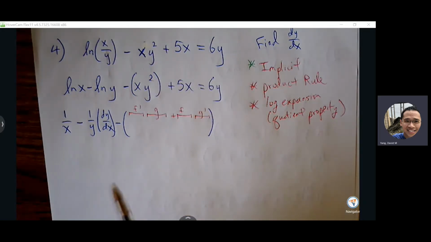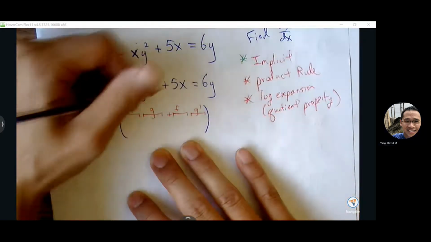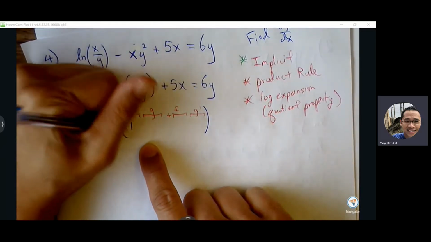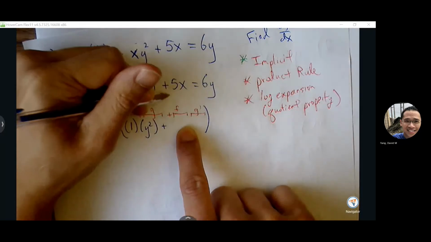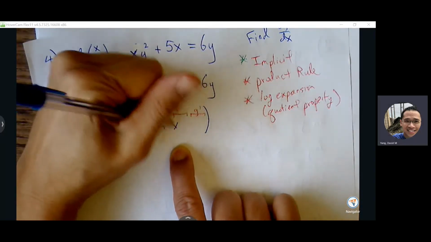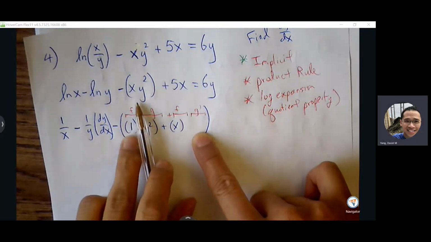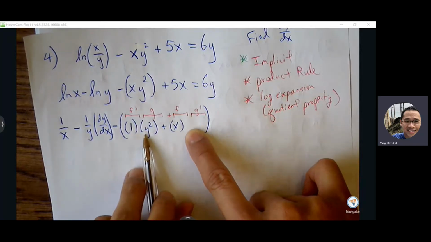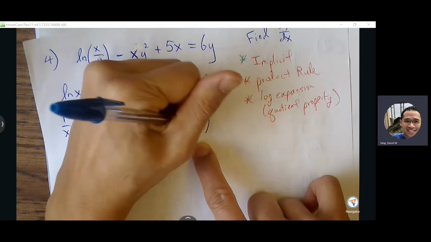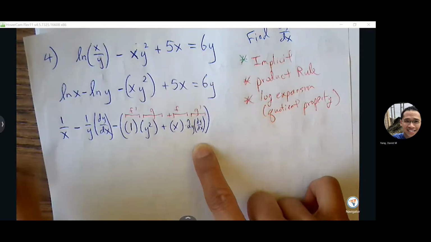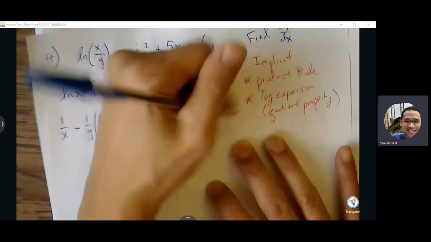Okay, f prime g plus f g prime. X becomes 1. G is y squared. Back to f. And then g prime, y squared becomes 2y dy dx. Five x becomes 5.